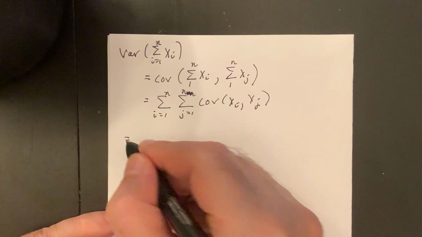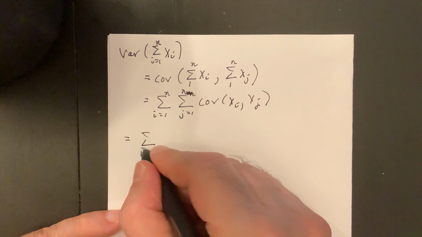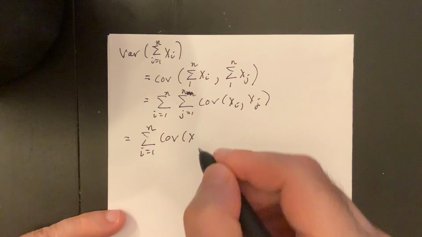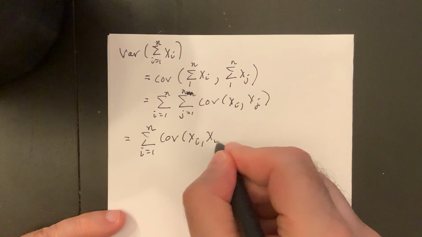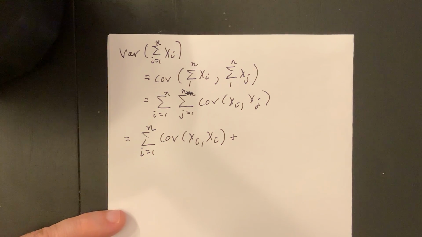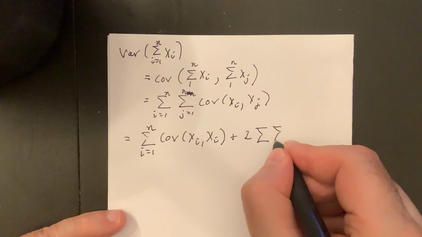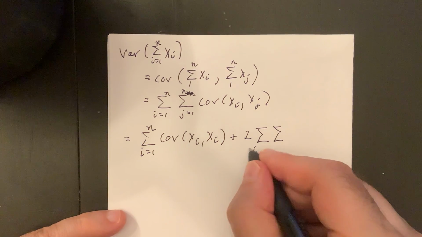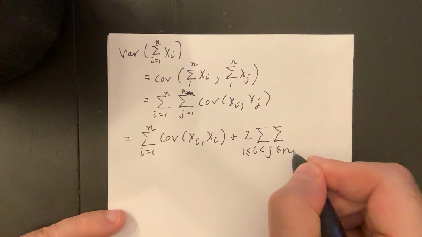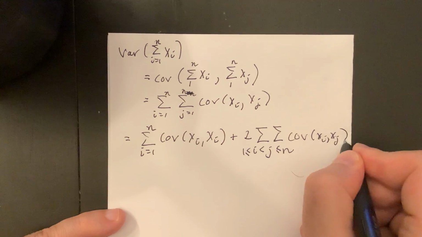So this is equal to the sum from i equals 1 to n of covariance xi xi when they're the same, plus all the ones when they're different, which I can make into 2 and take a double sum, with i less than j less than n, and covariance xi xj.